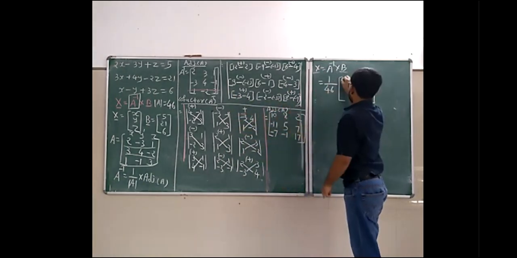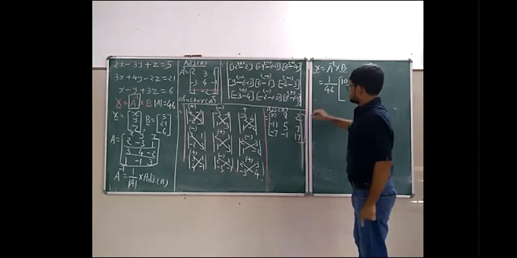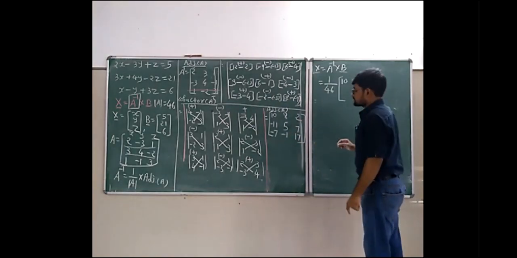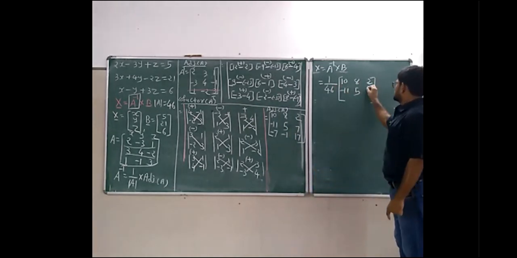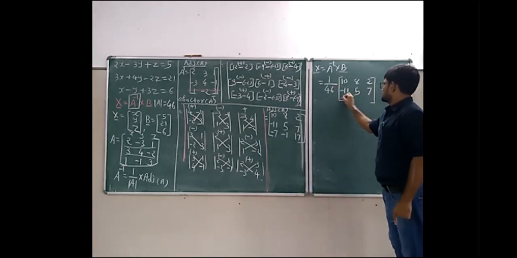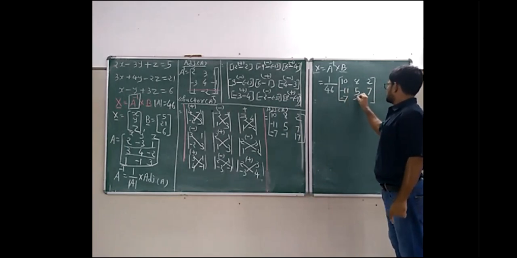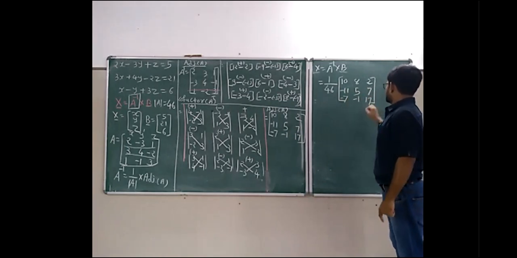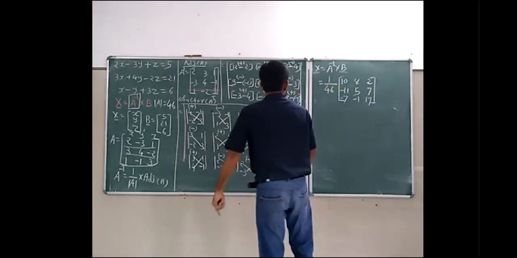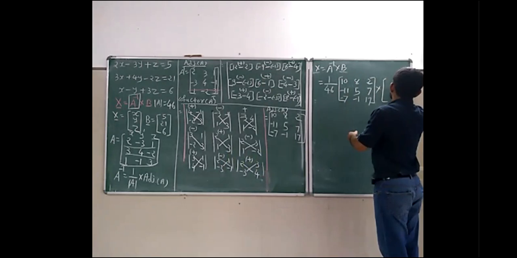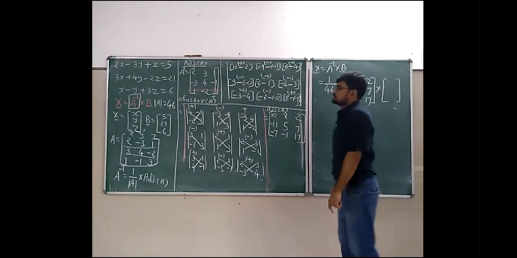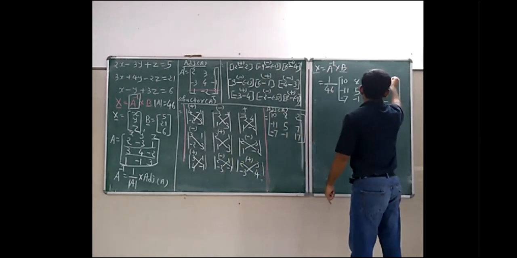This: 10, 8, 2, minus 11, 5, 7, minus 7, minus 1, and 7. Clear? Into, this is the answer of A inverse, into B. What's the answer of B? 5, 21, 6.